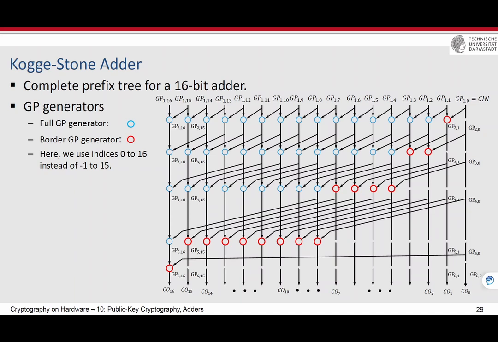If you imagine that there is no carry in, then you don't need to have n plus 1 GPs. Just n GPs will still work, and the number of layers will also be reduced. Good.